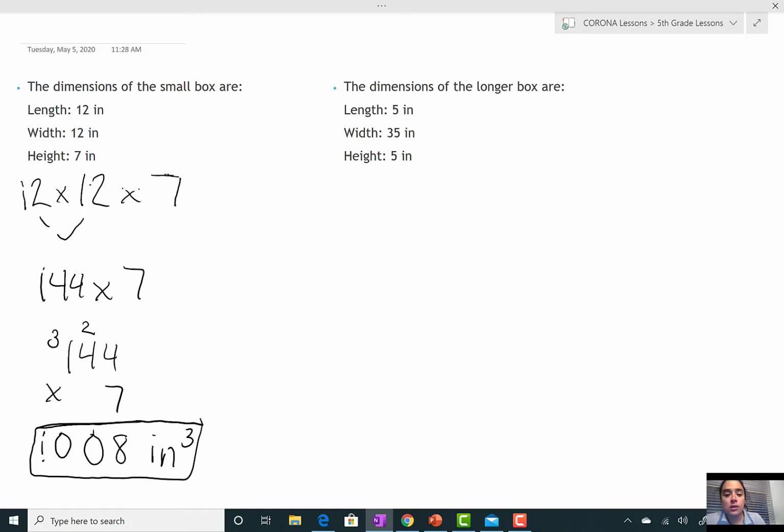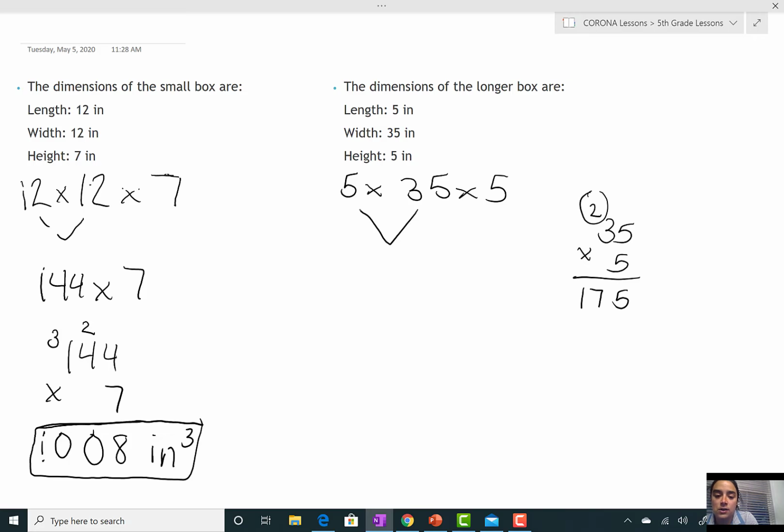Okay, let's look at the box that was really long on one side. I have a length of 5, a width of 35 inches, and a height of 5 inches. So I'm writing a number sentence again, and I'm multiplying 35 times 5. 5 times 5 is 25, 5 times 3 is 15, plus 2 is 17, so I have 175 inches.